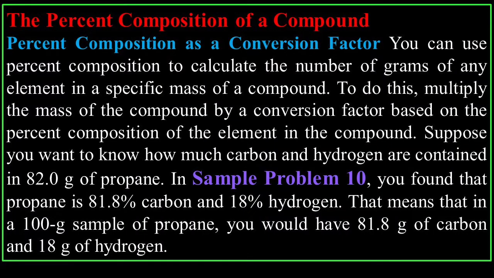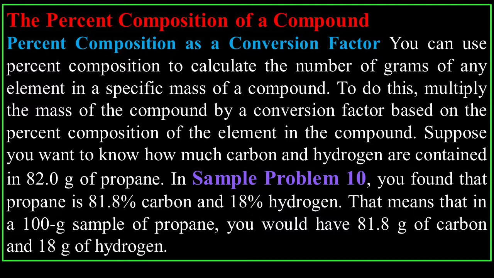Percent composition as a conversion factor. You can use percent composition to calculate the number of grams of any element in a specific mass of a compound. To do this, multiply the mass of the compound by a conversion factor based on the percent composition of the element in the compound. Suppose you want to know how much carbon and hydrogen are contained in 82 grams of propane.